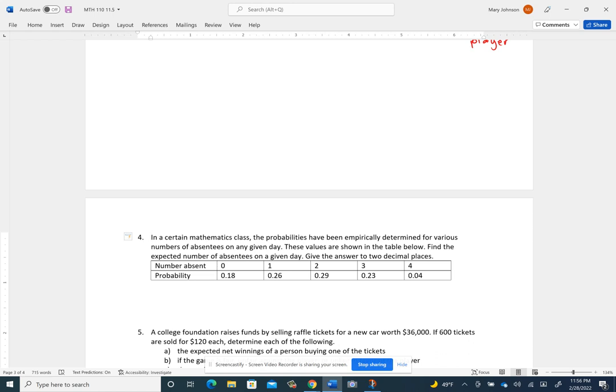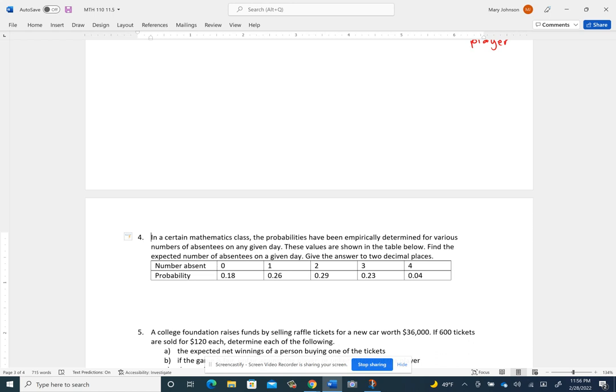Two absences, 29%. Three absences, 23%. And four absences, 4%. The question is to find the expected number of absentees on a given day. Give the answer to 2 decimal places. How many students would you expect to be absent on a given day?